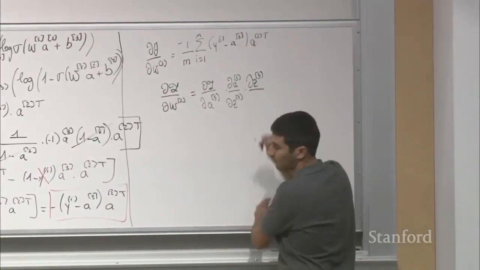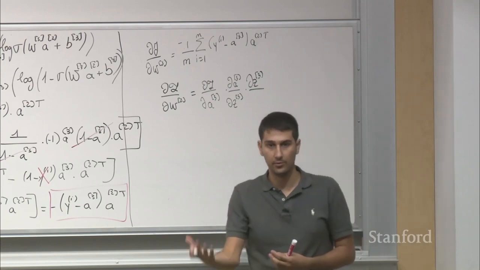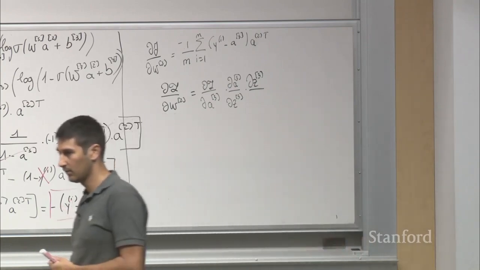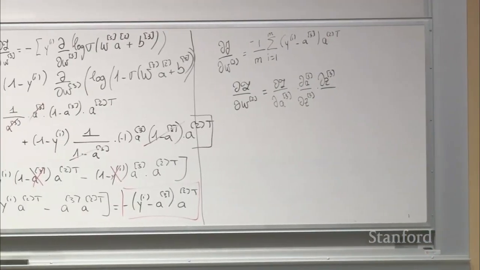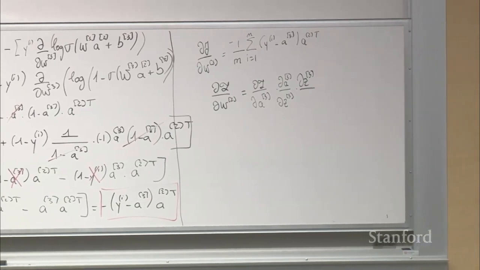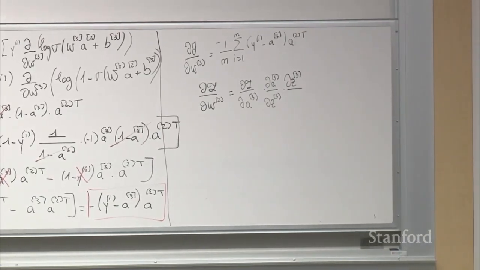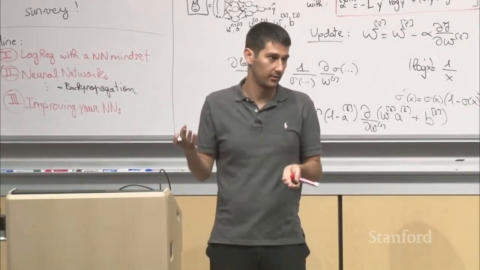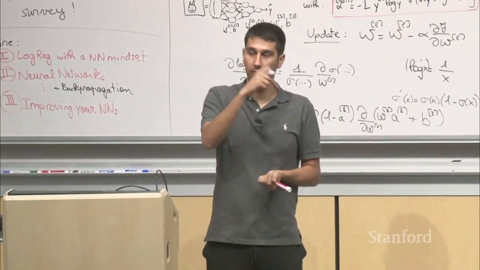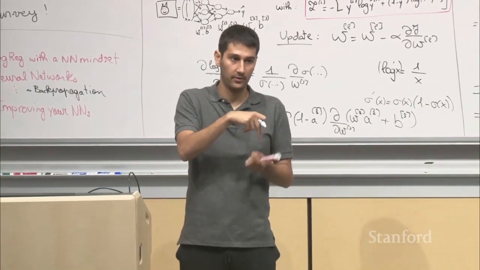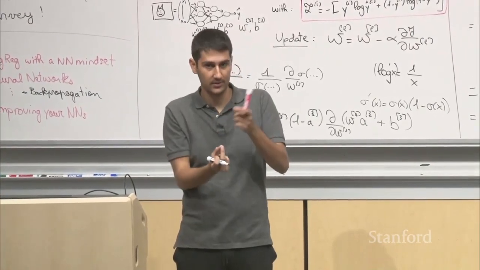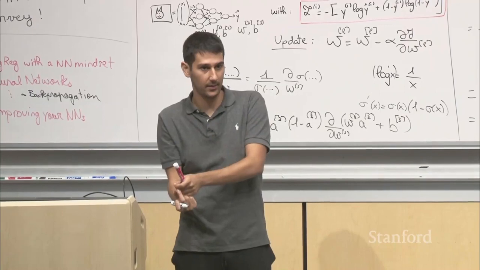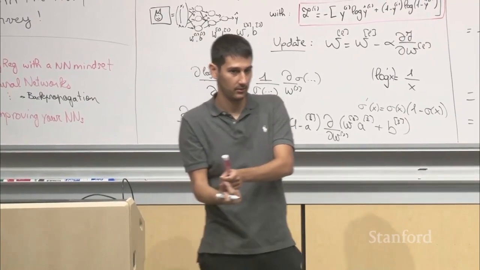I know that Z3 is equal to W3 A2 plus B3. Which path do I need to take in order to backpropagate? I don't want to take the derivative with respect to W3 because I won't get stuck. I don't want to take the derivative with respect to B3 because I will get stuck. I will take the derivative with respect to A2 because A2 will be connected to Z2, Z2 will be connected to A1, and I can backpropagate from this path.